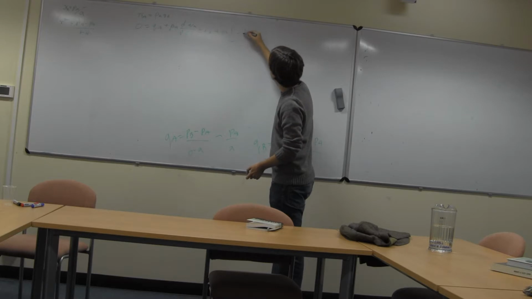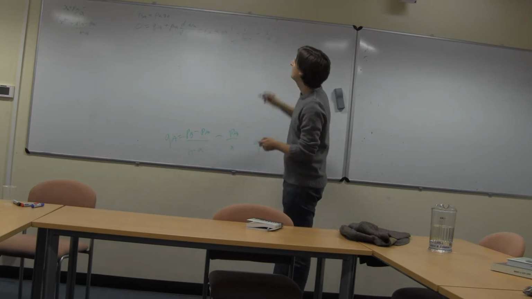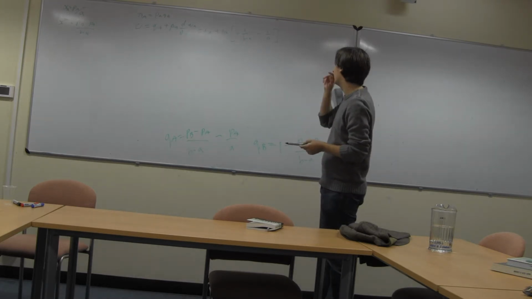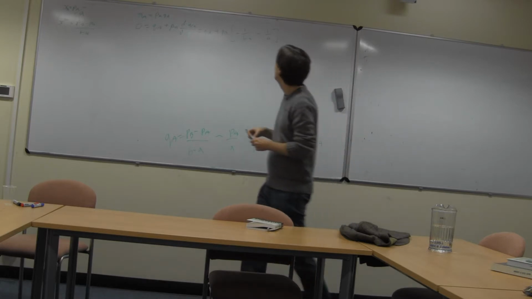So this is minus 1 over (B minus A) minus 1 over A.